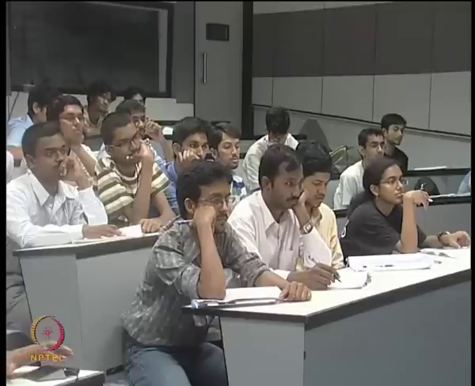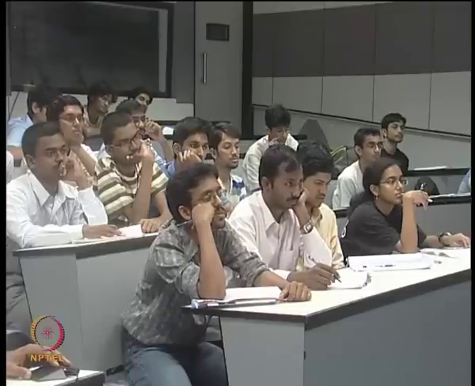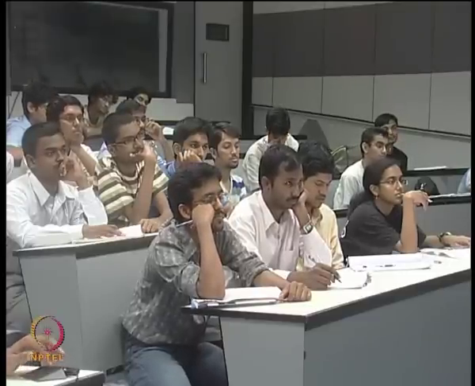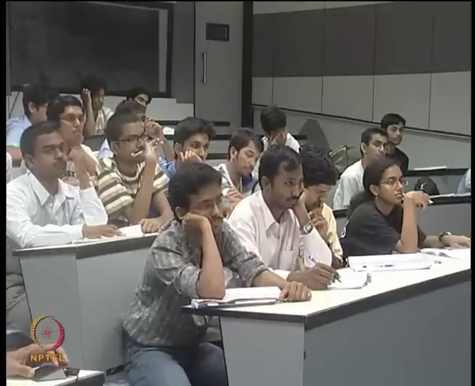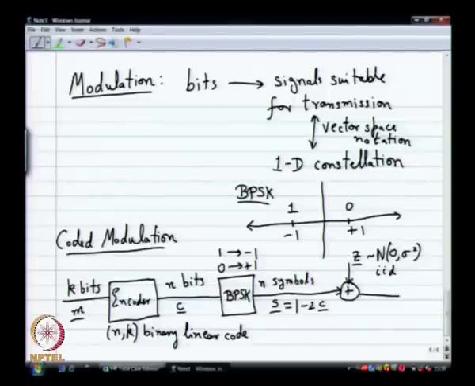This is a very complete and accurate representation of what happens to a full-fledged electrical signal in practice. So this is good enough. You get a received vector R from this.